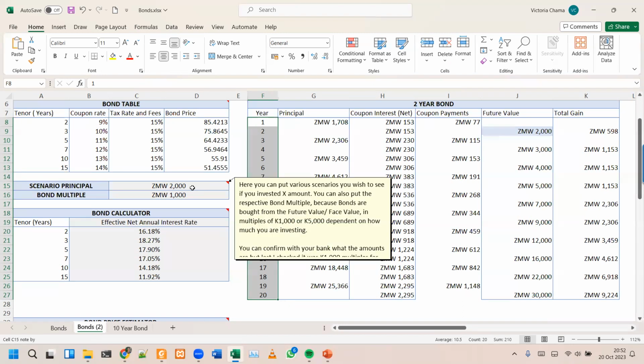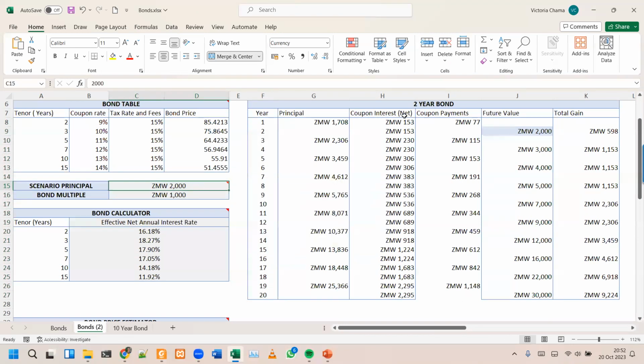If you invest your 2,000 kwacha in a government bond for 2 years, you'll be receiving 77 kwacha every 6 months. But if you hold all the 77 kwachas that come for the first 2 years, you're going to gain 598 kwacha.